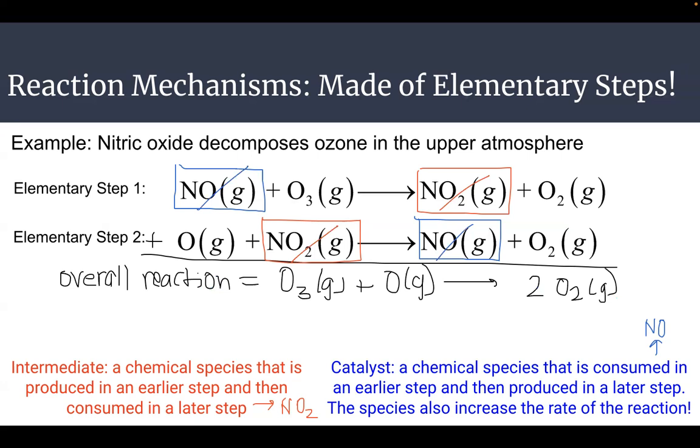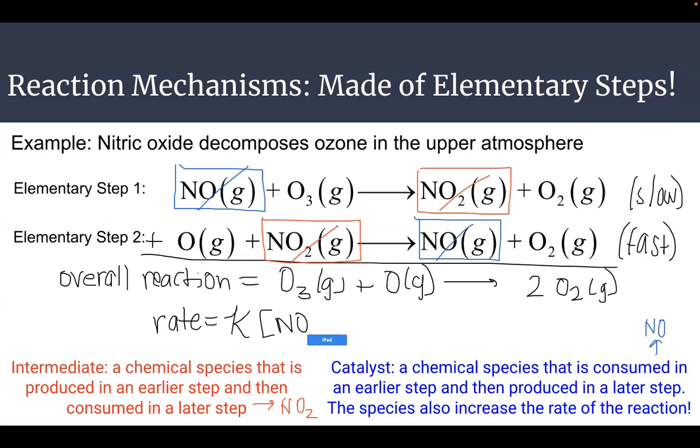Now, we're not shown here, but let's say I told you that our slowest step is first, and then we have a faster step later on. If you were asked to write the rate law for this reaction, we're able to say that our rate is equal to our rate constant k times our concentration of NO times our concentration of O3. Still both of my reactants, specifically of my slowest step. Notice I do not put the reactants of my fast step because my rate law is only dependent on the slowest step.